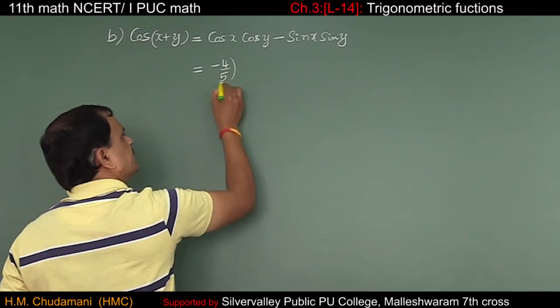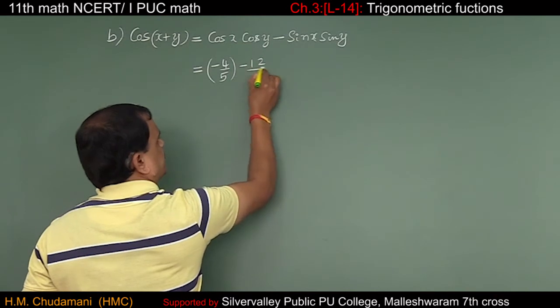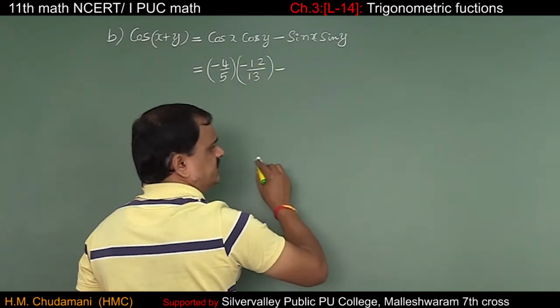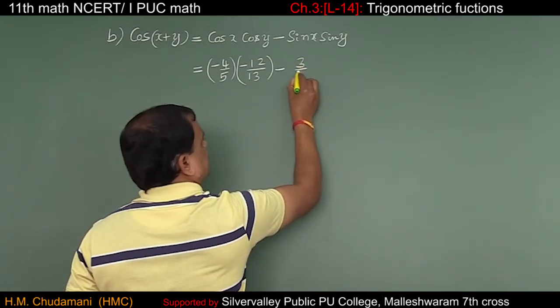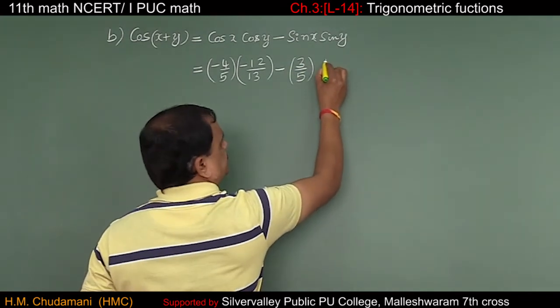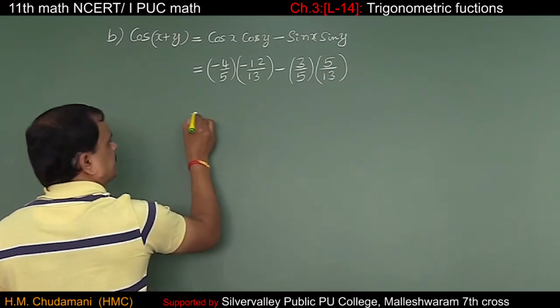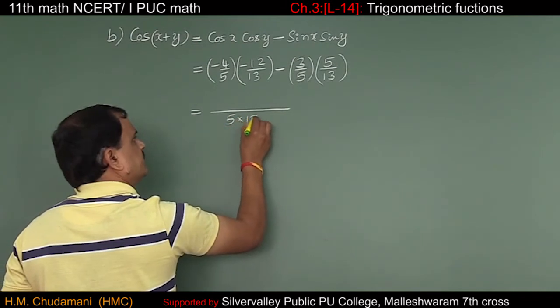Substitute the values. Cos y is minus 12 divided by 13, minus sin x, sin x is 3 by 5, sin y is 5 divided by 13. So 13 into 5 as the LCM.